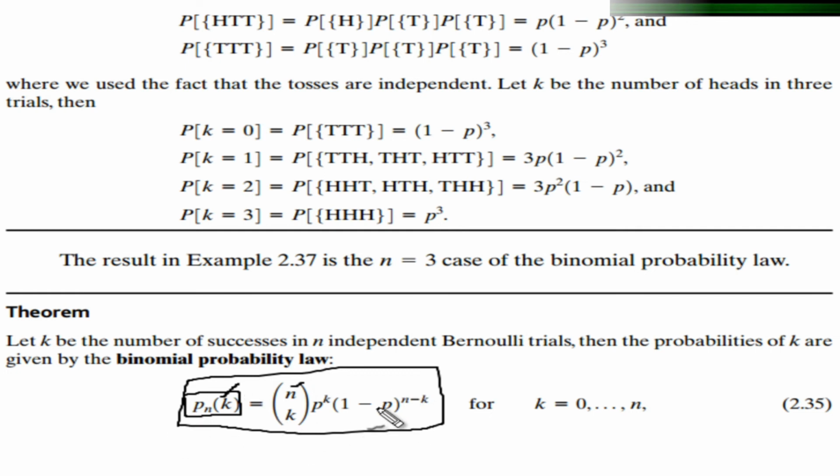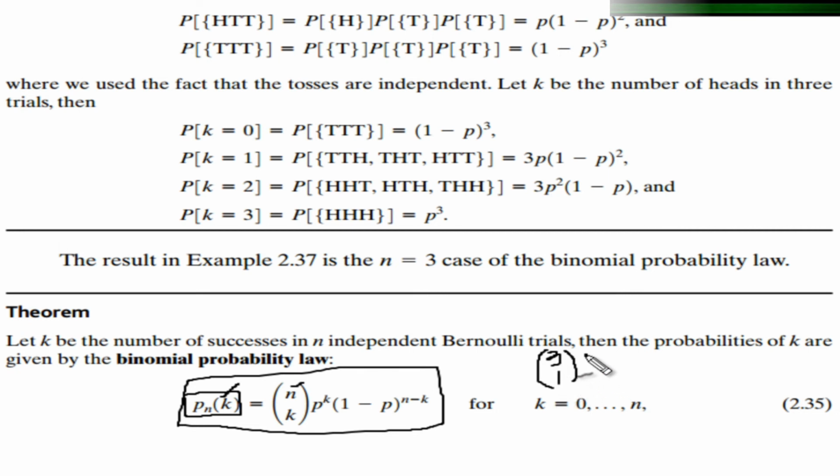How to apply it: let's say you want to find the probability of one success. You have 3 trials, and in these 3 trials you want to find the probability of one success. This is 3 choose 1.